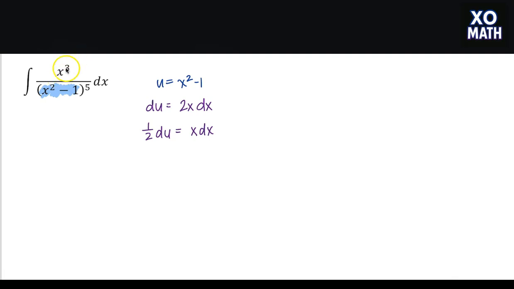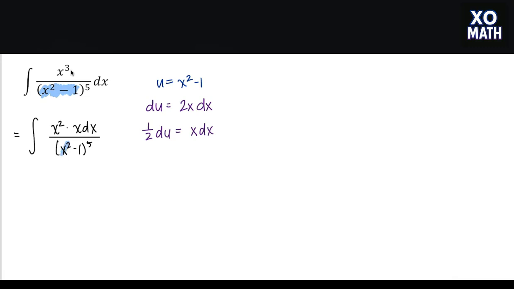So I'll be able to rewrite one of these x's with the dx as 1/2 du, but I'm still going to have x squared left over. So let's start to piece this together here. I'm going to rewrite my original integral as x squared times x dx over the quantity x squared minus 1 to the 5th.